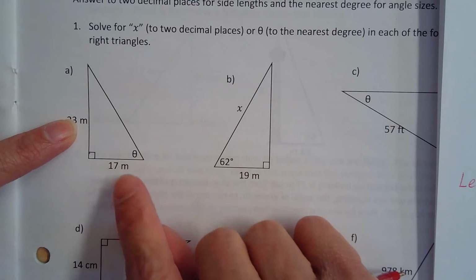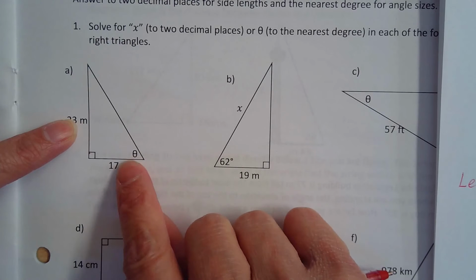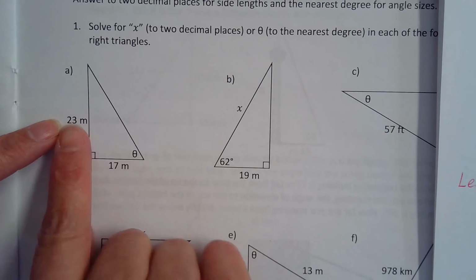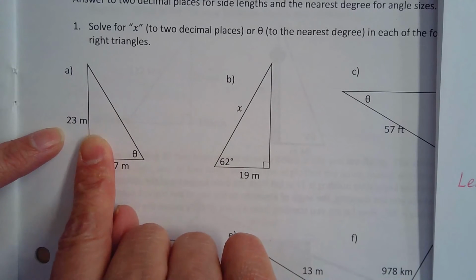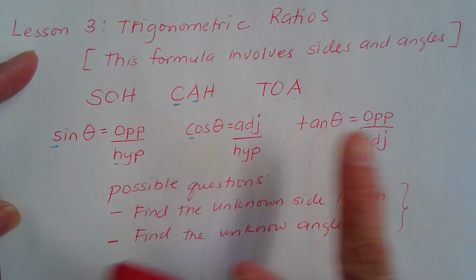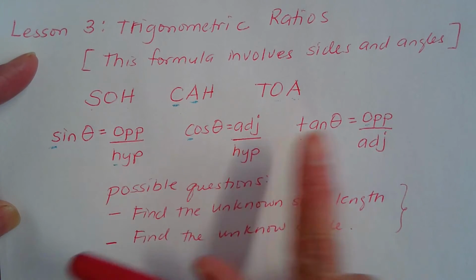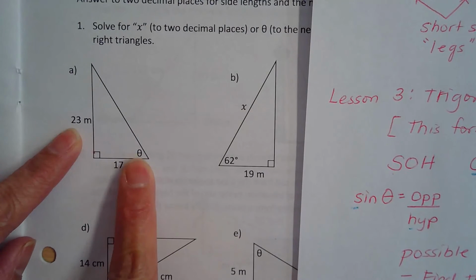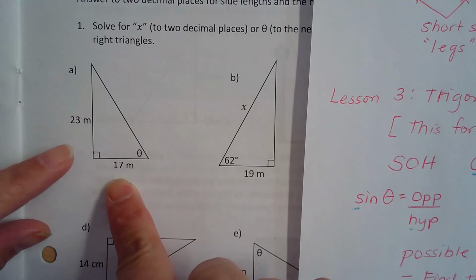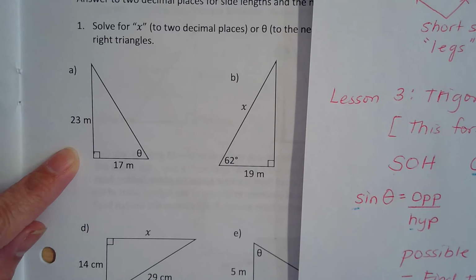In this particular case, because sides and angles are involved in the question, it has to be one of these three trig ratios, right? Because sides and angles are involved, we have to use a trig ratio.